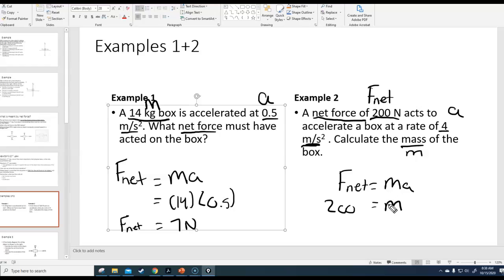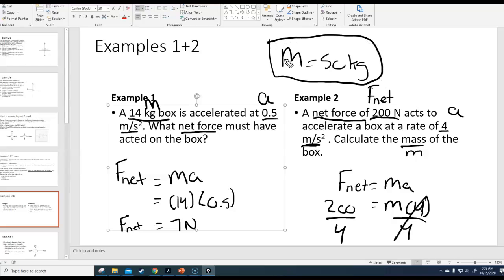I plug in the mass, which I don't know, so that's my unknown. I plug in the acceleration, which is 4 meters per second squared. I want to get m by itself. M is being multiplied by 4, so to undo that multiplication, I divide both sides by 4. And I get the mass is equal to 50 kilograms.